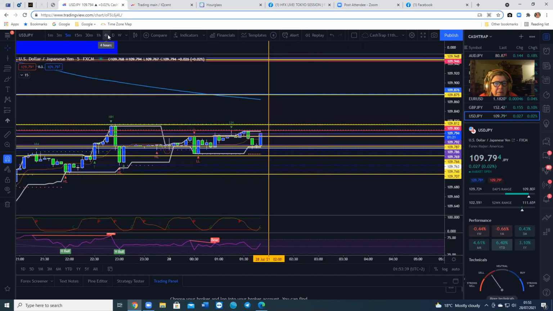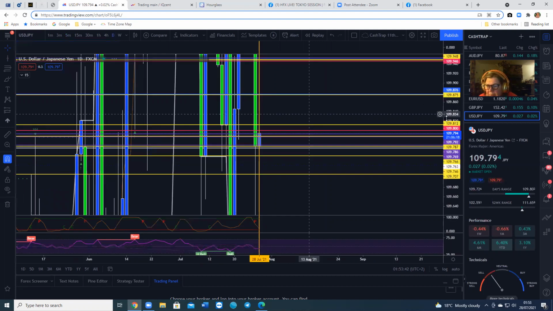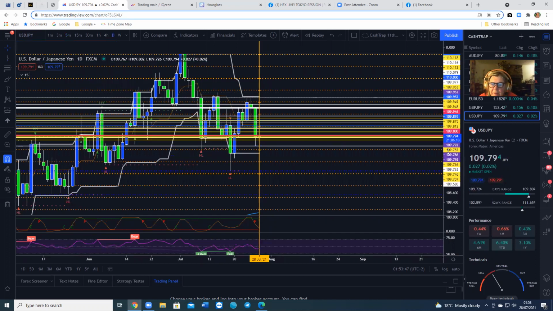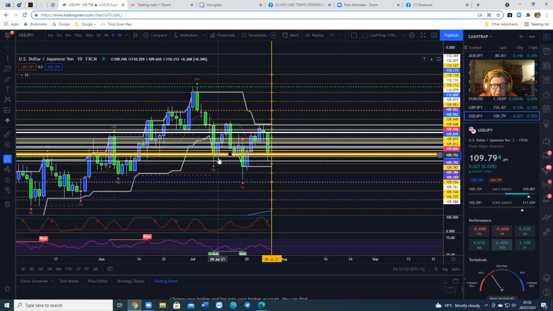So if we look at the daily, while we're waiting for the market to open, you can see that the dollar has been in a big downward trend. So it's 1, 2, 3, 4, just finishing this wave down. That's a daily level down at 583, and then we've got the quarter theory just below at 500.